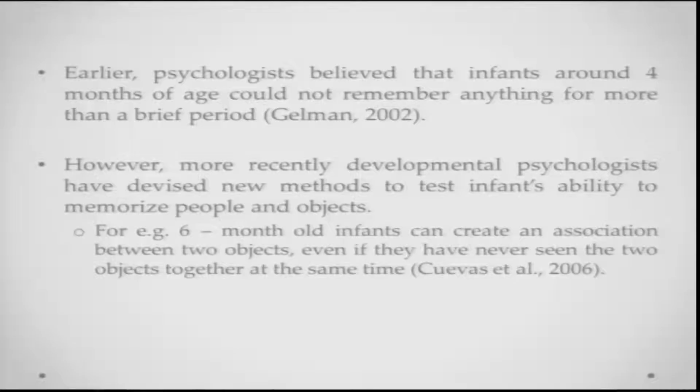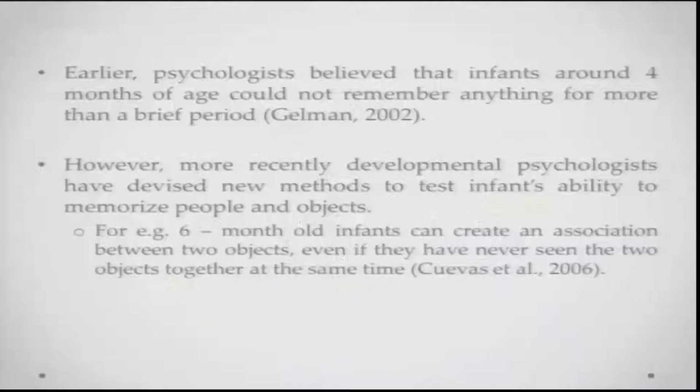Let us move slightly further. Earlier it was believed that infants around 4 months of age could not remember anything for more than a very brief period of time. This finding could also be a result of the testing methods available then, because more recently developmental psychologists have come up with new ways to test infants' ability to memorize people and objects.